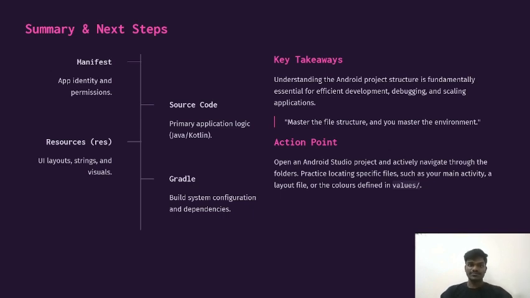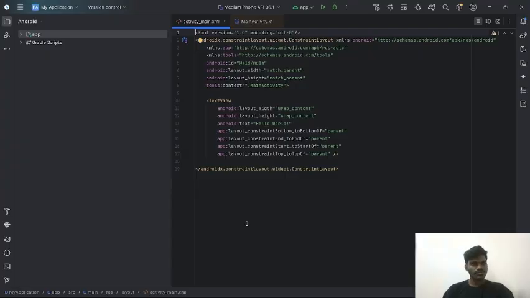Now I will explain these folders in Android Studio. Here I'm going to explain how the folders work in Android Studio. The main folders which we can see are the manifest folder, the Kotlin folder, and the resource folder.